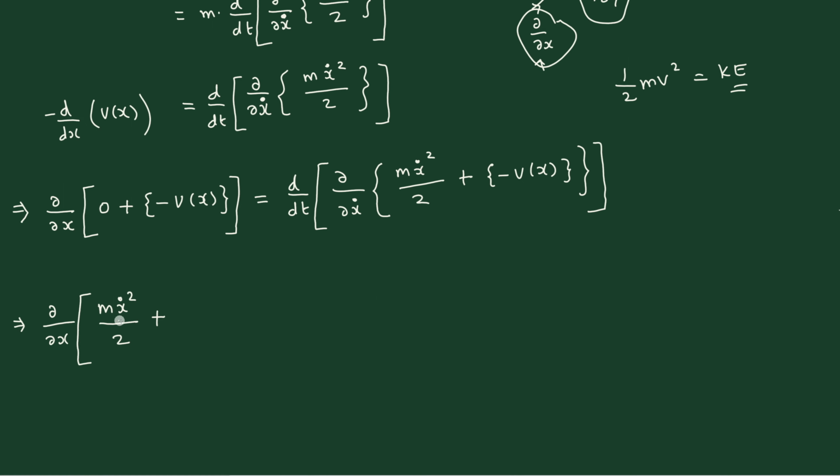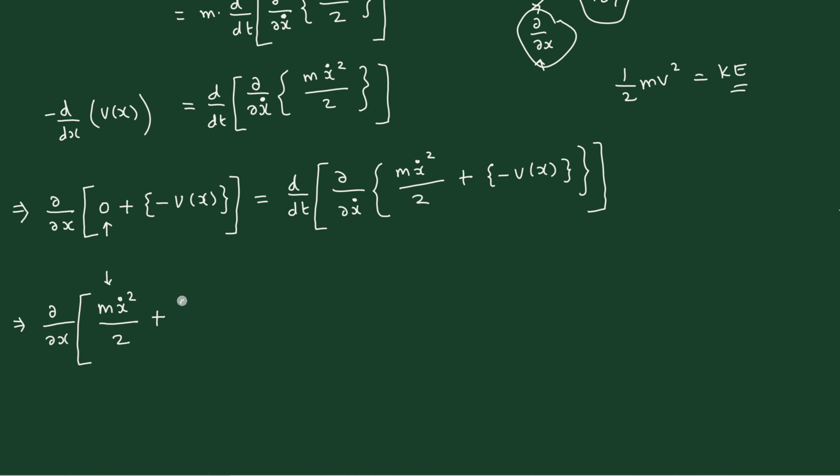This quantity is x dot square, so there is no dependence on x here. Therefore, if you perform the differentiation on this first term, it will go to 0. So whether 0 is there or m into x dot square by 2 is there, it doesn't matter, because dou by dou x will make it 0 ultimately.